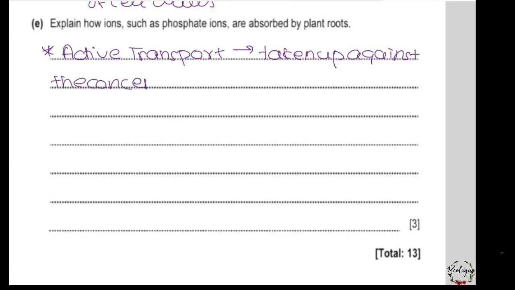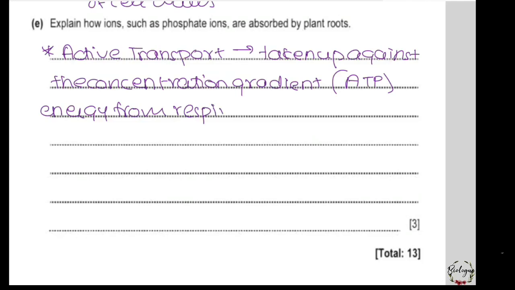These ions are taken up against the concentration gradient using energy like ATP from respiration. Alright, you have to mention that it is from respiration.